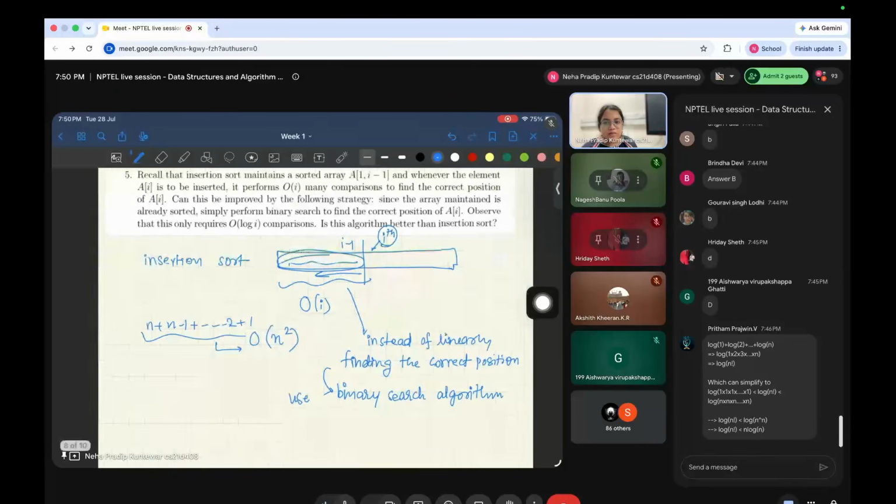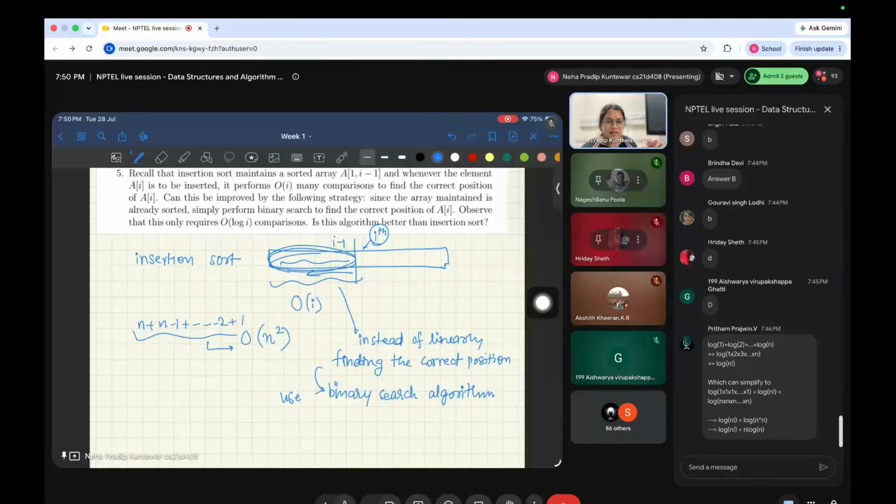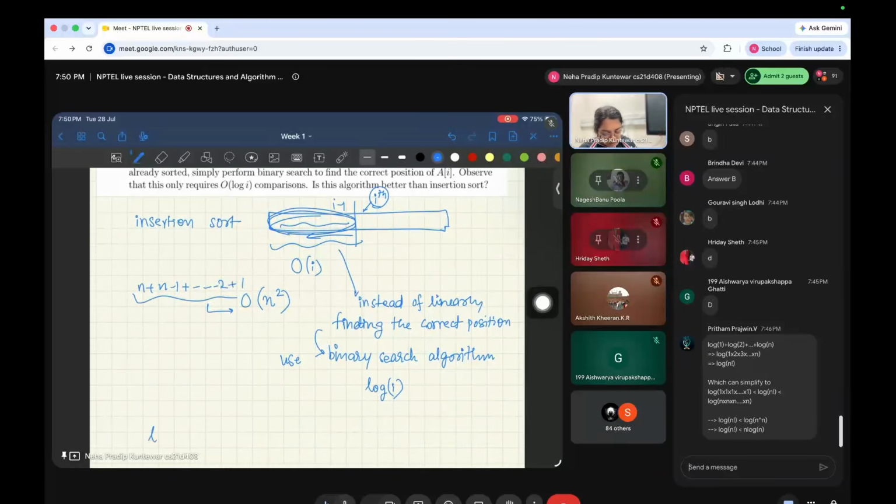Okay, so how much time does this take? Your array is of size I roughly, so this should take log I amount of time. So if you do this, the first element takes log 1 amount of time, the second element takes log 2, and you keep on summing this.